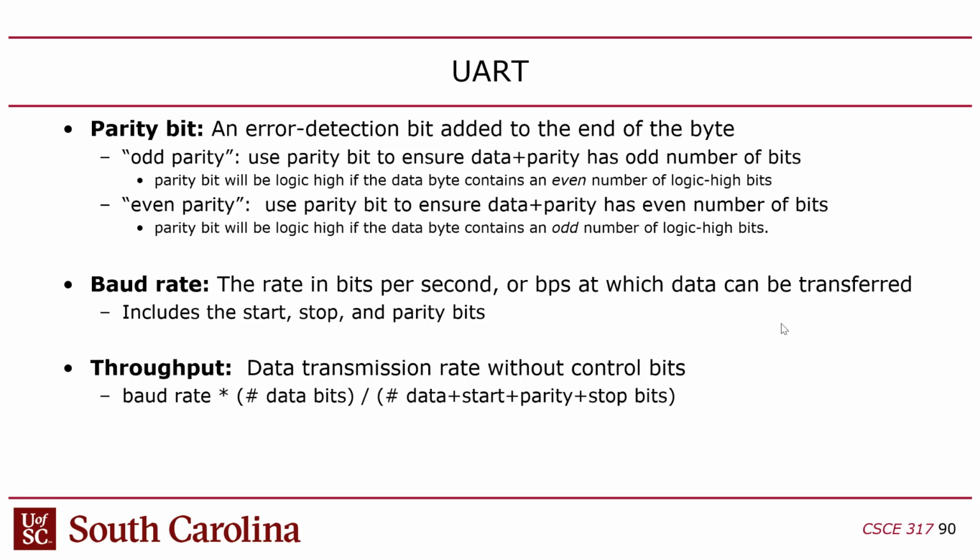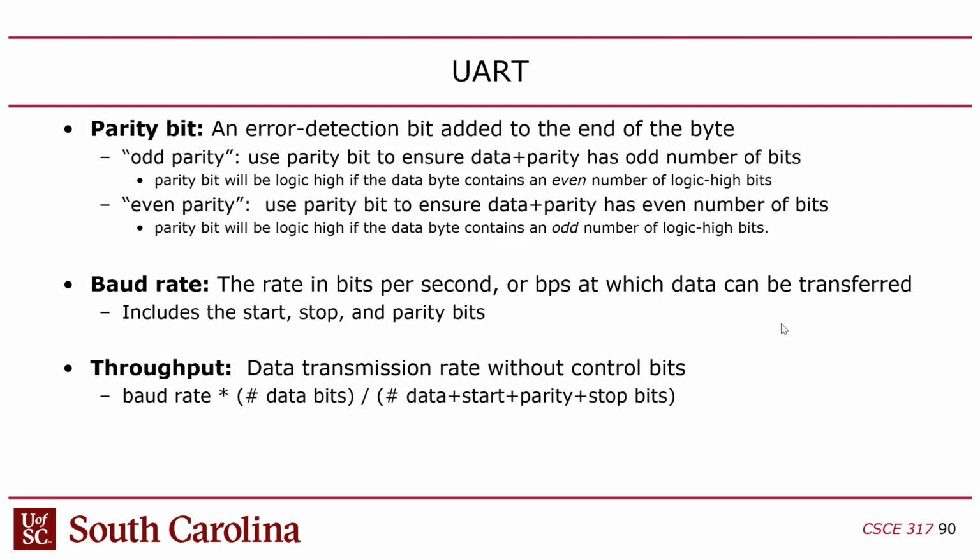And that differs from the throughput, because the start bit and the stop bit and the parity bit each take 1 bit time, whereas the data bits are intermixed with the start and the stop bit, which means the start, stop, and parity bits are essentially taking up time in the channel.